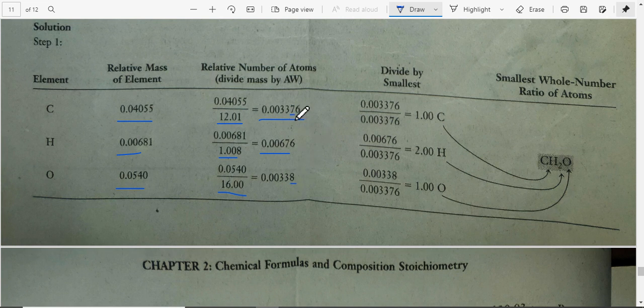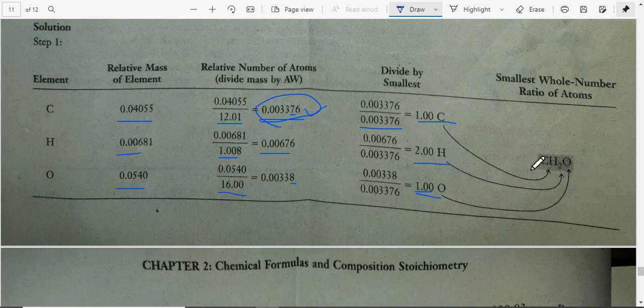Using this as the smallest value, we divide by itself, you have 1. Here, you have 2. And this one is close enough, so we round it off to 1. You will have 0.0338 divided by 0.03376, so close to 1. So we will have CH2.